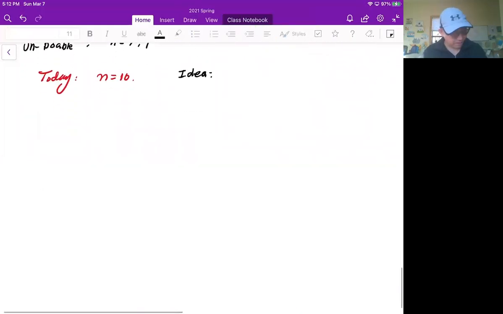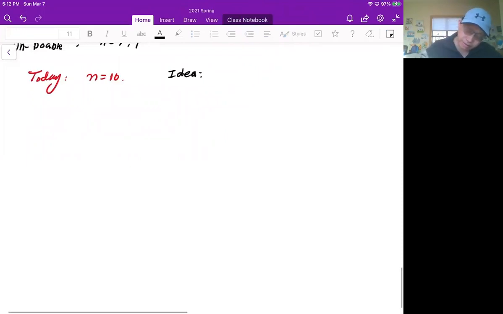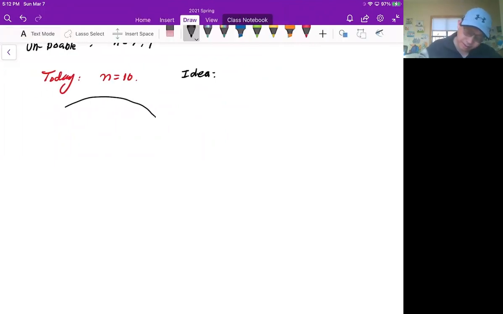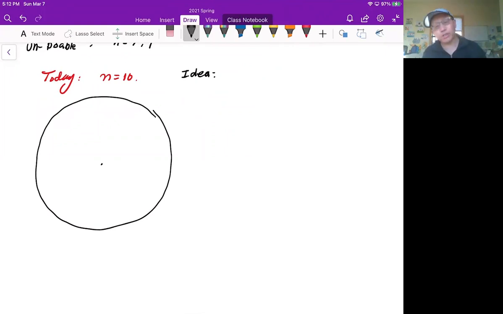So here's the idea. If I have a circle, suppose I get a regular polygon of 10 sides. So this is one of these sides. This is A, B here, and this is the center O. I'm talking about a unit circle, right?